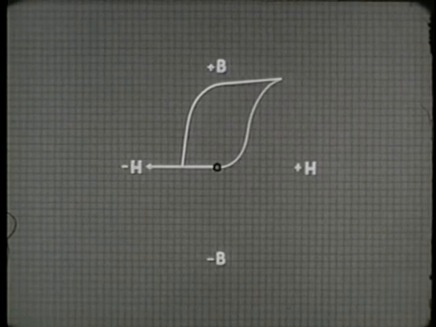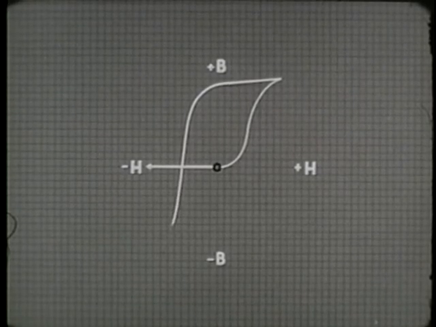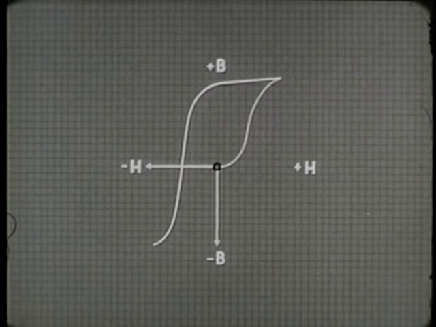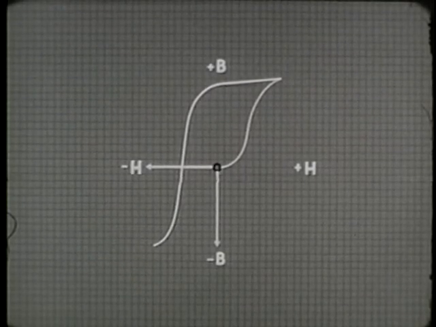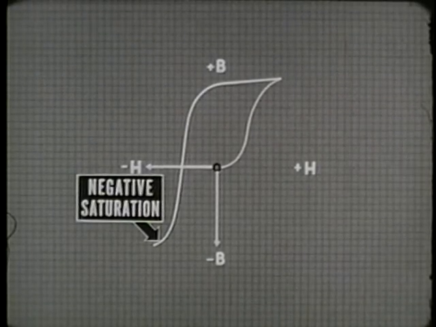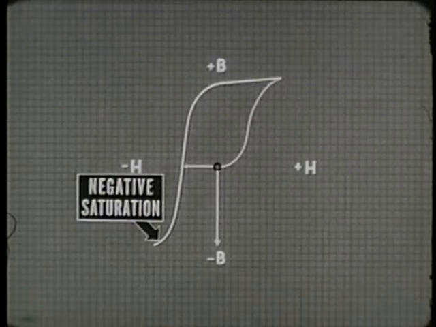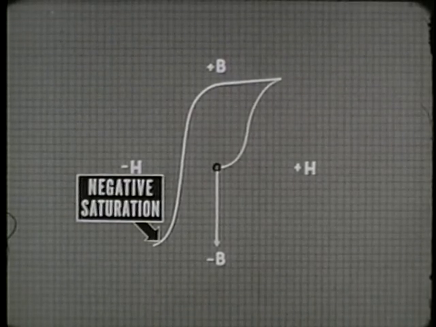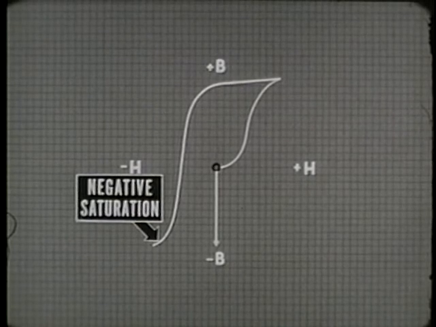Adding more negative magnetizing force produces a negative flux density. And again, the core is brought to a state of saturation, negative saturation. If we reduce or stop the magnetizing force now, there will be little effect on the flux density of the core.